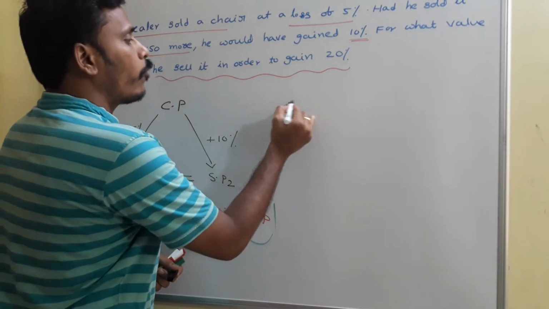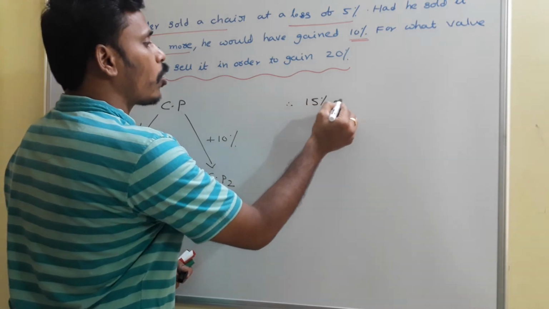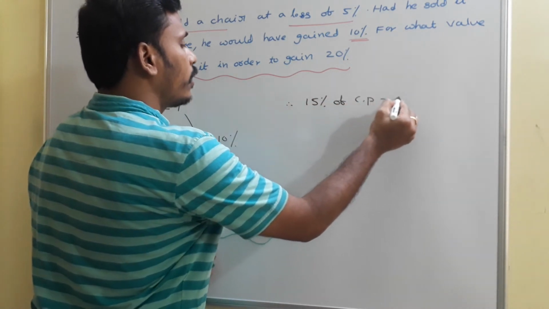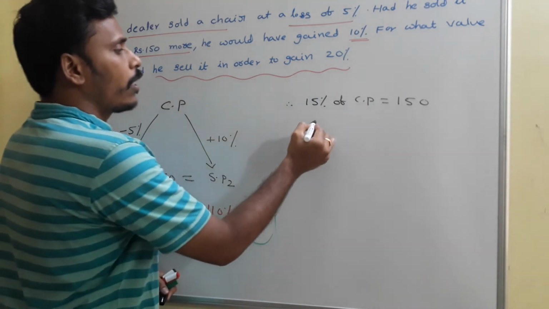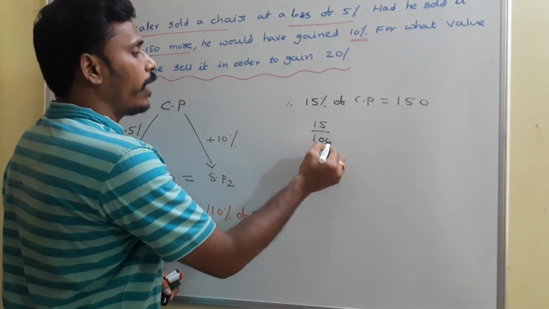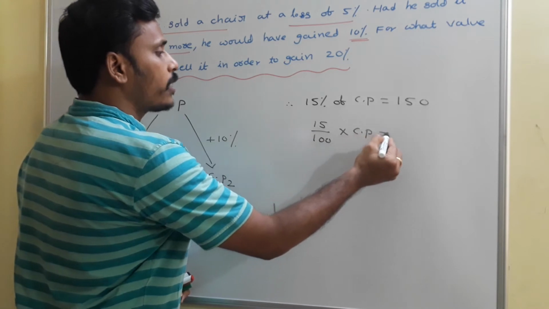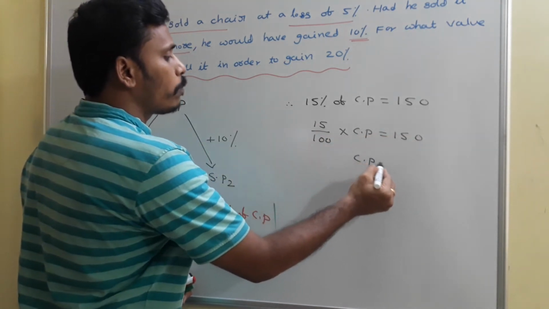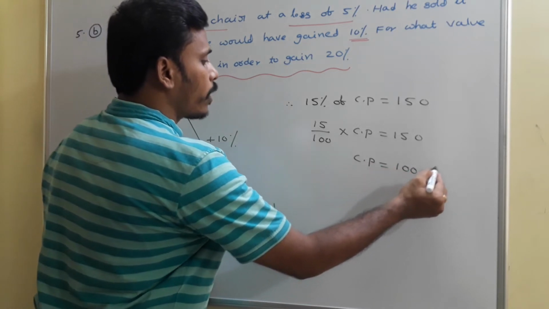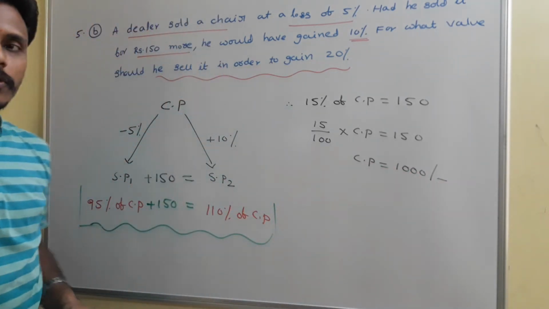Therefore, 15% of the cost price is equal to 150. 15% means 15 by 100, okay? So 15 by 100 into cost price is equal to 150. If you simplify, you will get the cost price of the chair as 1000 rupees.